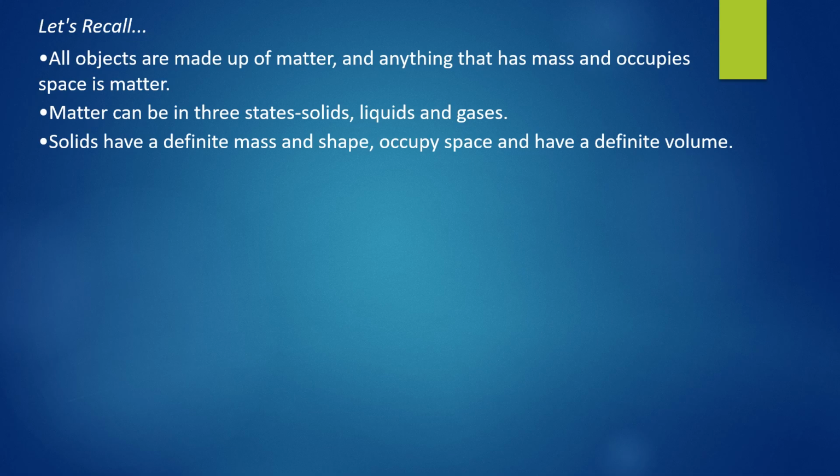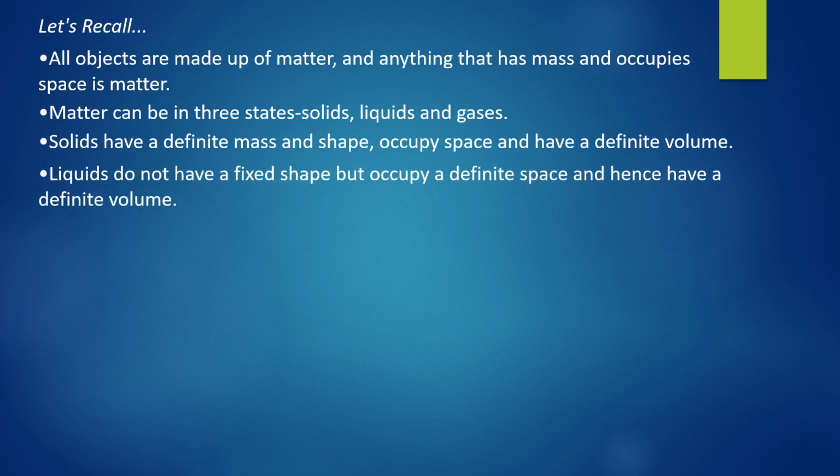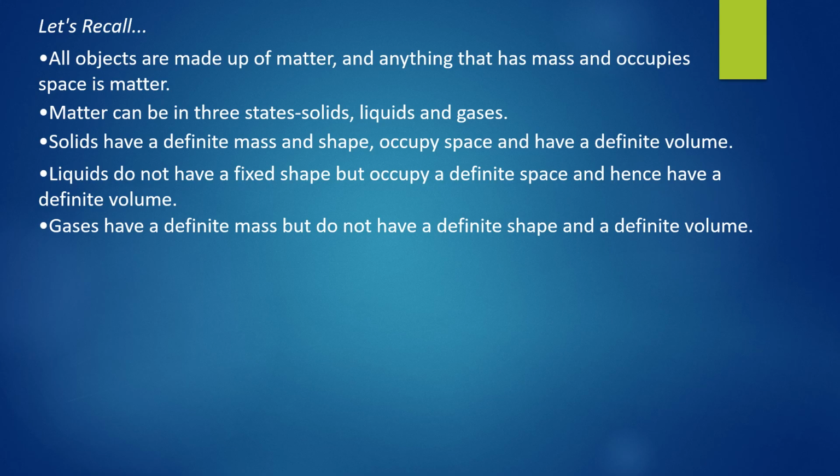Solids have a definite mass and shape, occupy space and have a definite volume. Liquids do not have a fixed shape but occupy a definite space and hence have a definite volume. Gases have a definite mass but do not have a definite shape or a definite volume.